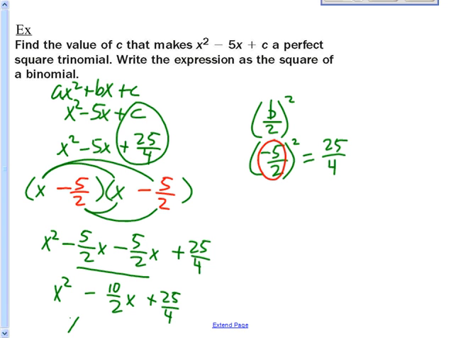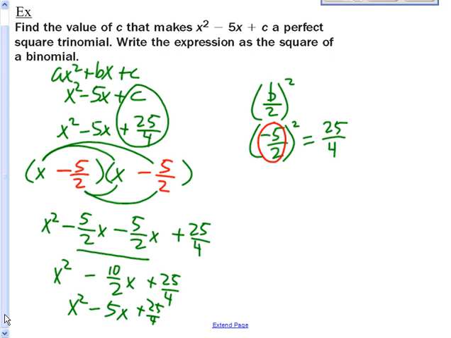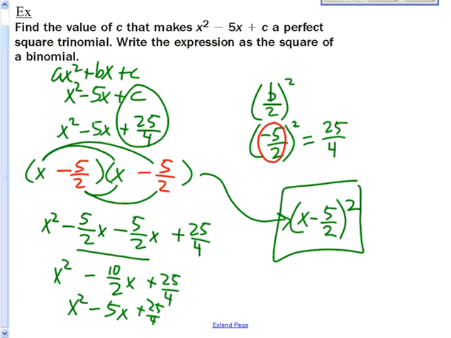So there it is, x squared minus 5x plus 25 fourths. So that really did work. Here's our factorization, x minus 5 halves times x minus 5 halves, or x minus 5 halves quantity squared. Our c has to be 25 fourths.